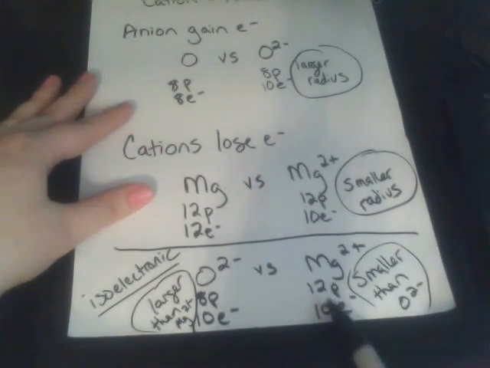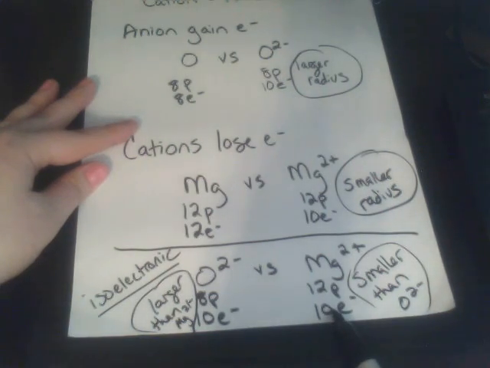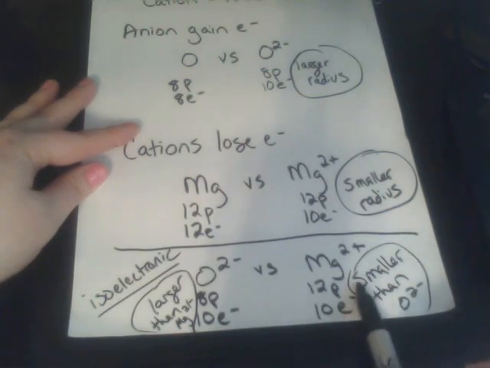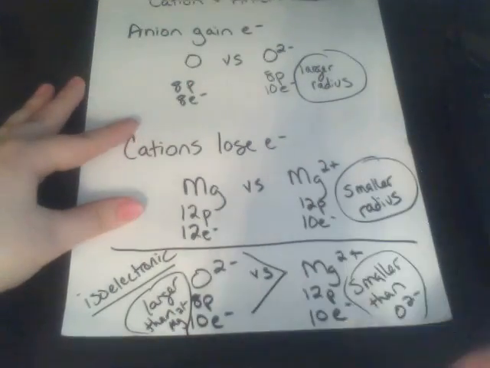Because we have a higher effective nuclear charge pulling on the same electrons. We have a smaller effective nuclear charge pulling on the same electrons. So this is going to have a smaller radius than this. So the radius would look like that, bigger, smaller.